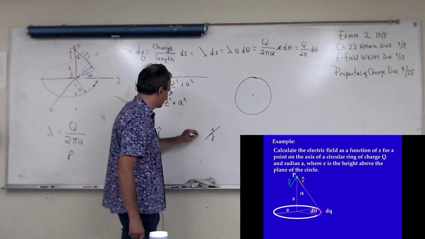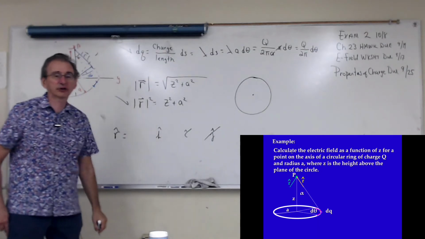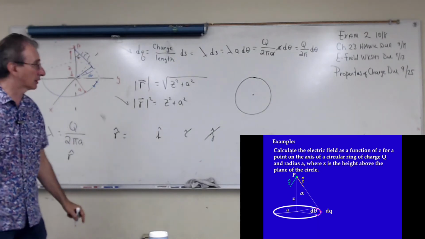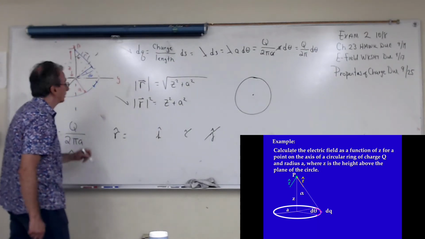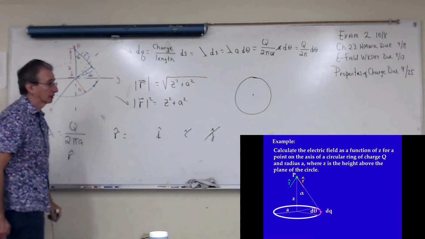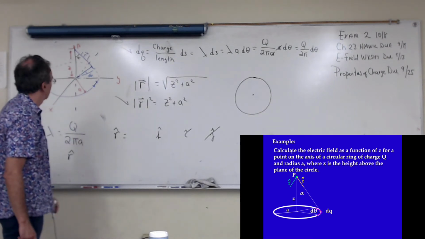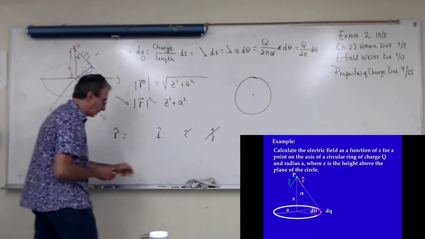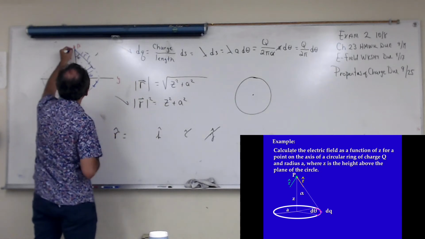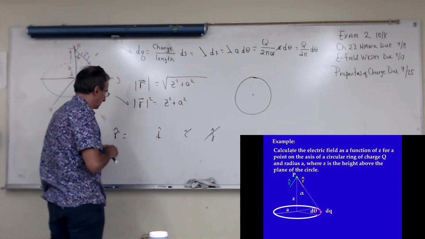So these two terms of the unit vector I don't care about. I'm only going to care about the component of the unit vector that's in the z direction. So only this one.